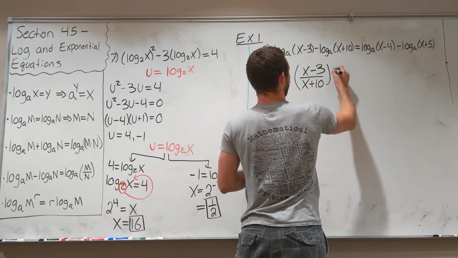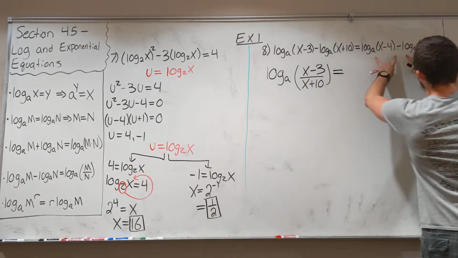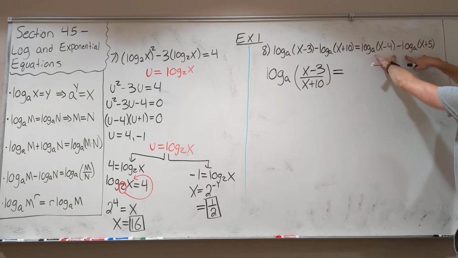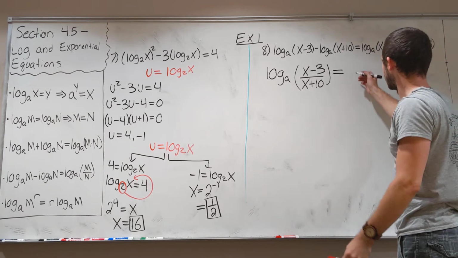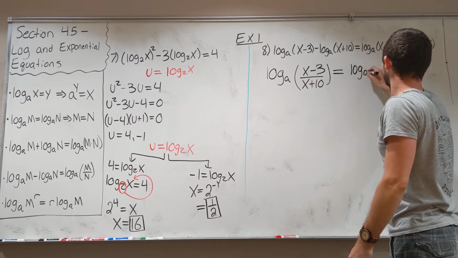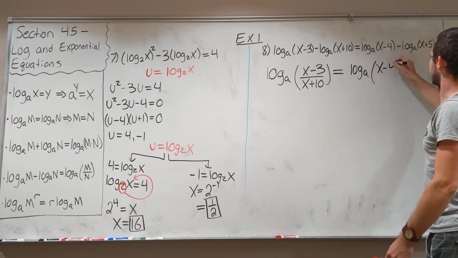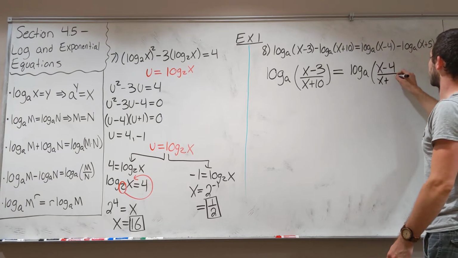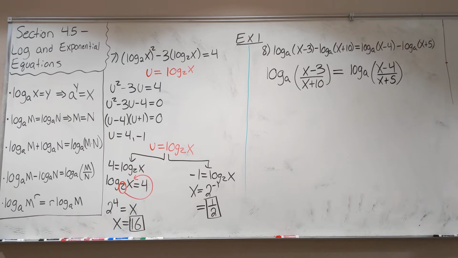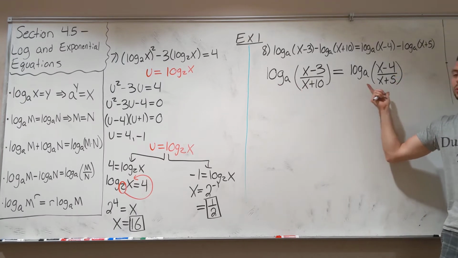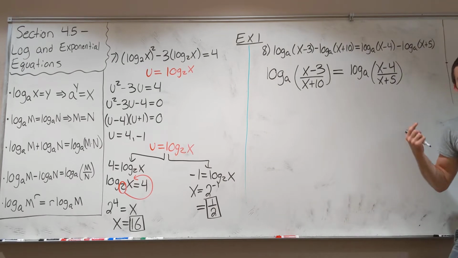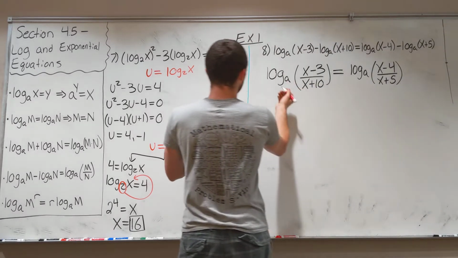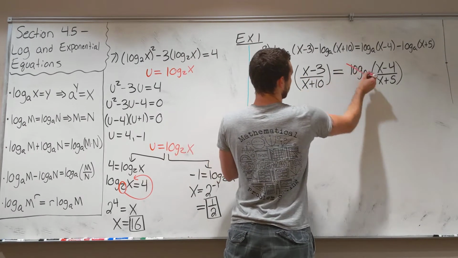We'll follow with the equal sign and apply the same idea, because now we have another set of logarithms that are separated by a minus sign. So same idea. So x minus 4 is in the numerator, x plus 5 is in the denominator. And now, it turns out we have a log is equal to a log with no interference whatsoever. That means that the logarithm notation cancels out.